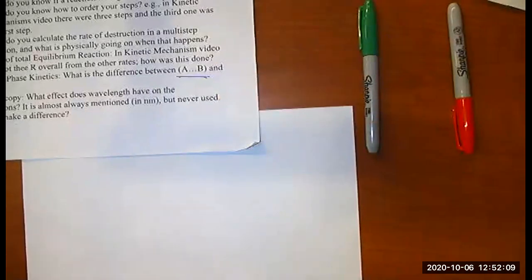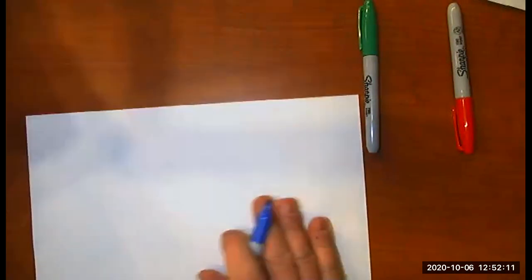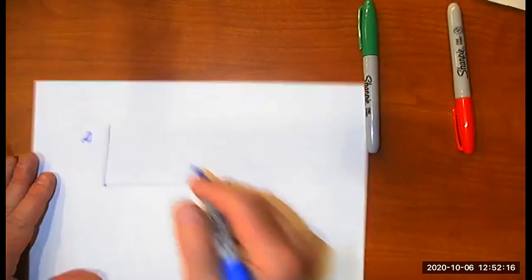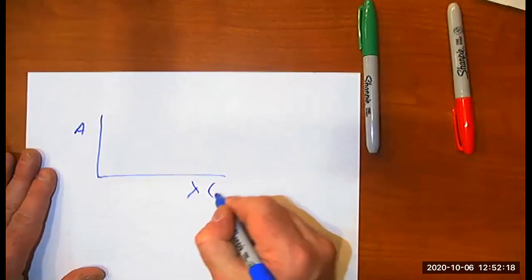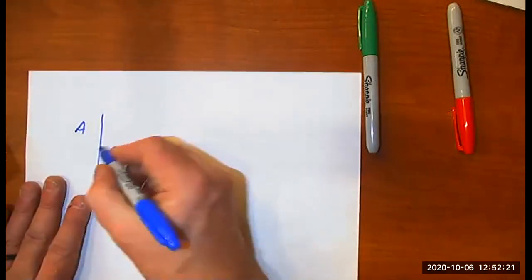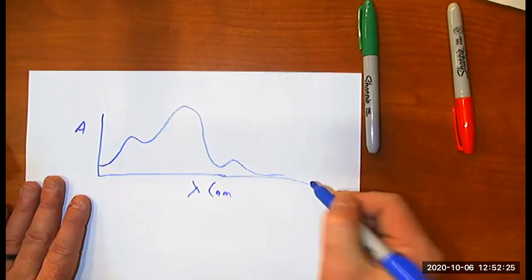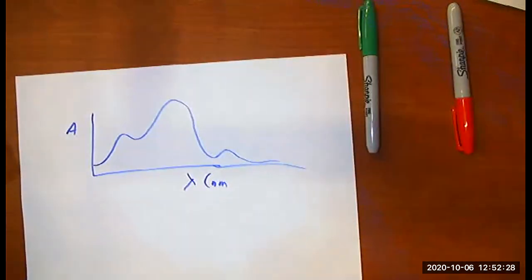So the idea is that if we look at how much light is absorbed by a sample as a function of wavelength in nanometers, you're going to get some kind of plot like this. Each wavelength of light corresponds to a different energy. You may remember back from Chem 111 talking about the hydrogen atom, and how it can absorb a photon of light to go from a low energy level to a high energy level.